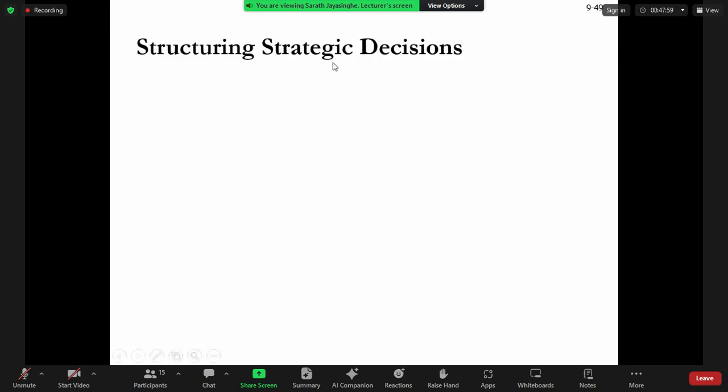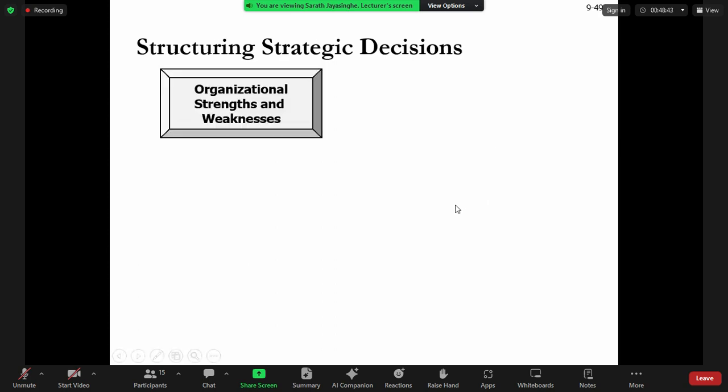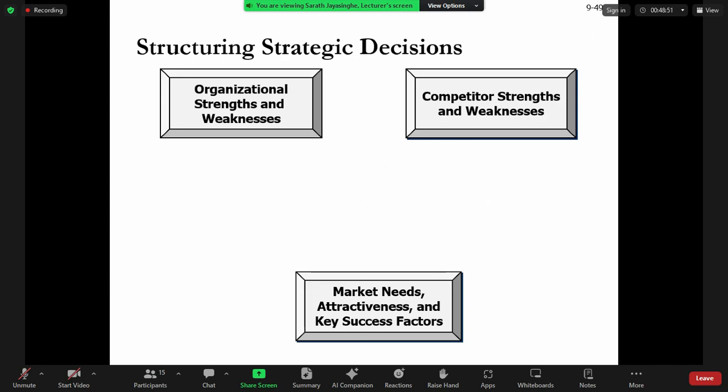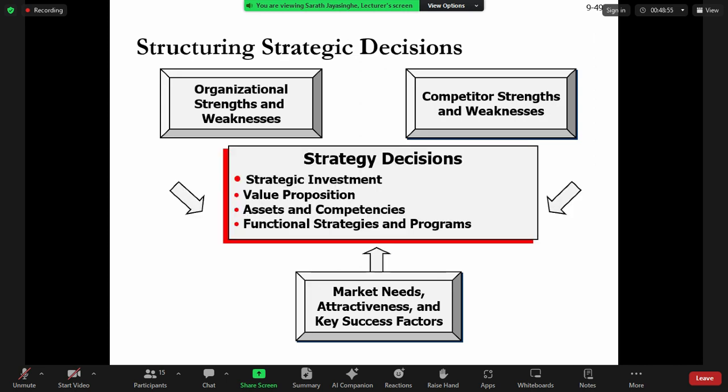Then structuring strategic decisions. See organizational strengths and weaknesses, competitive strengths and weaknesses, market needs, attractiveness and key success factors, then strategy decisions should be there.